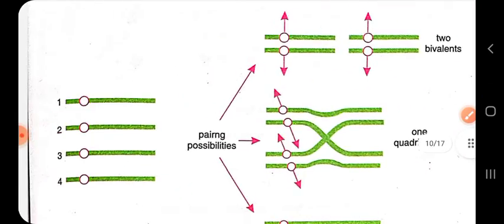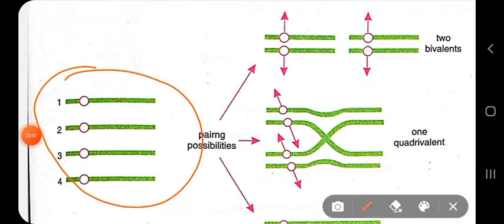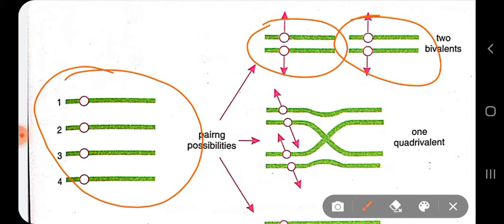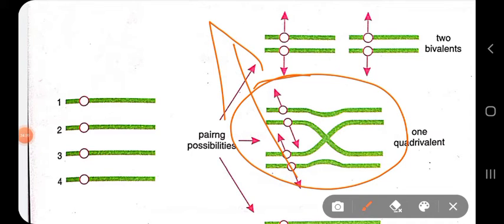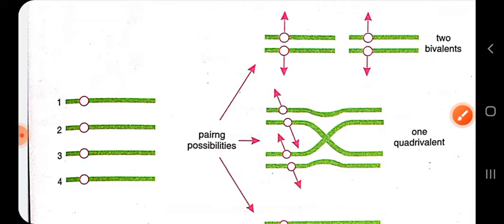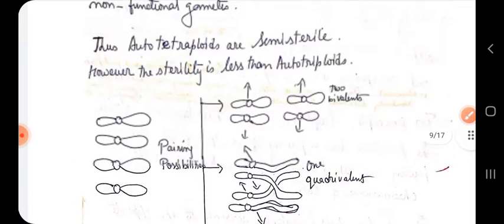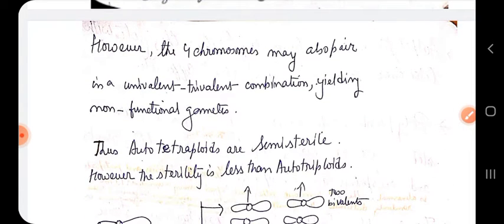You can see the 4 chromosomes here, 1, 2, 3, 4, aligned in this way, and those 4 chromosomes of that set move to the opposite poles to yield functional gametes, or the whole 4 chromosomes move to one pole, which is called a quadrivalent. However, the 4 chromosomes may also pair in a univalent-trivalent fashion.